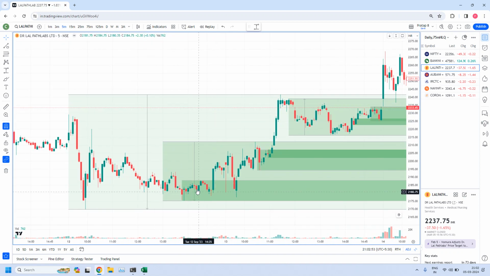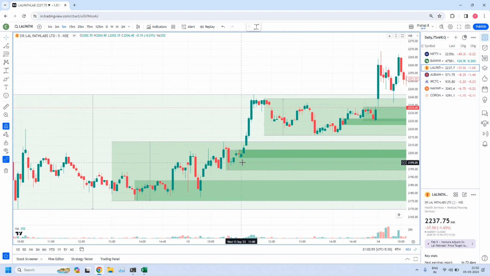Inside, let us start from the bottom. At this bottom I didn't find any fresh 15-minute zones. Earlier there was a drop base rally, but this one is violated by this zone, pierced. Because we don't trade pierced zones, I didn't draw a zone. So that means this is not a valid tradable area.